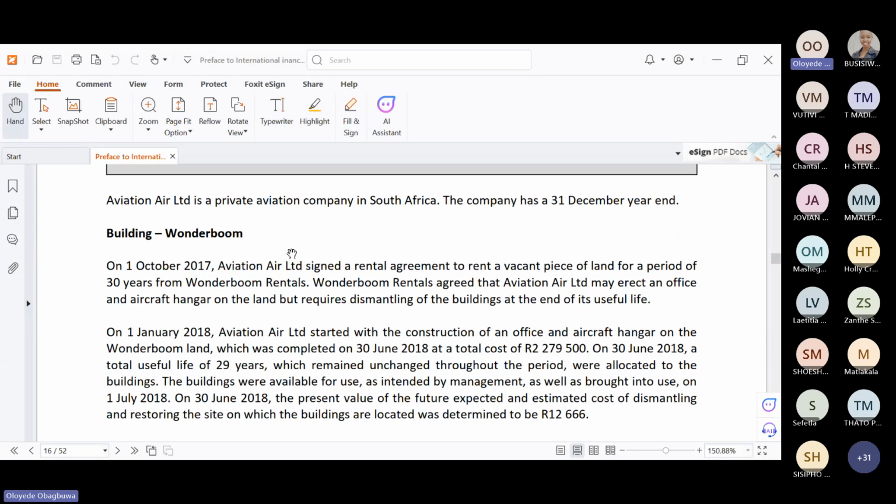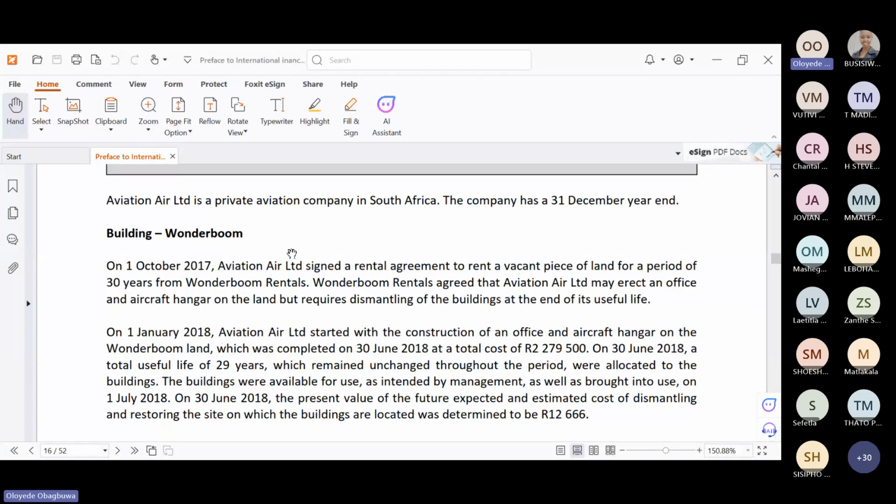Aviation Air Limited is a private aviation company in South Africa. The company has a 31st December year end. Building, Wonder Boom. On 1st October 2017, Aviation Air Limited signed a rental agreement to rent a vacant piece of land for a period of 30 years from Wonder Boom Renters.